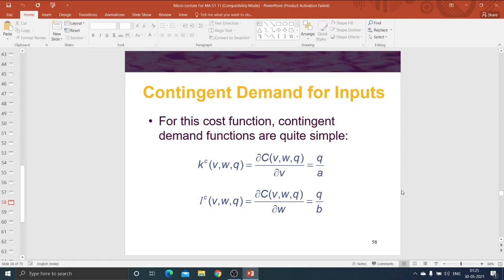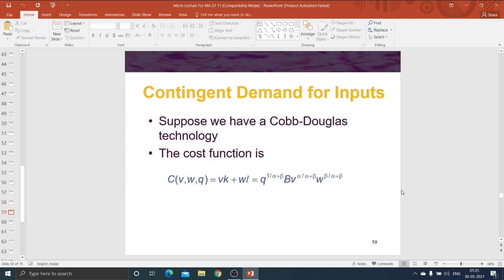And for the labor contingent demand, the partial change in C, that is ∂C(V,W,Q)/∂W, is equal to Q/β. So that is what is actually given in the case.